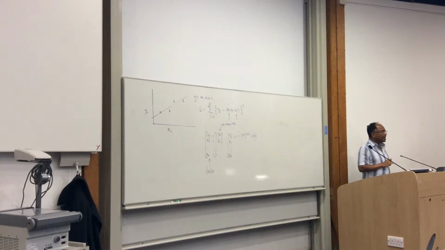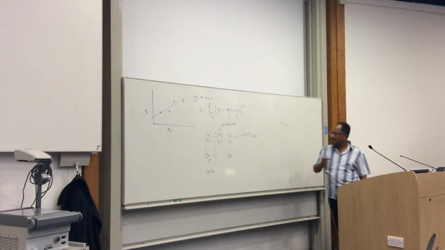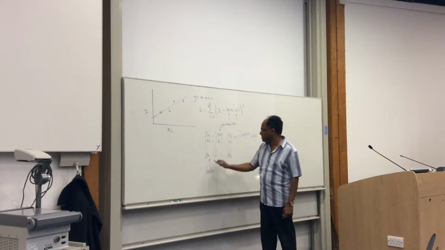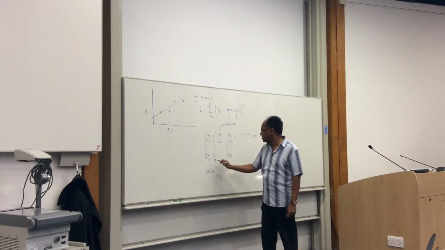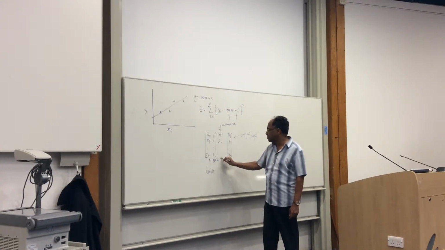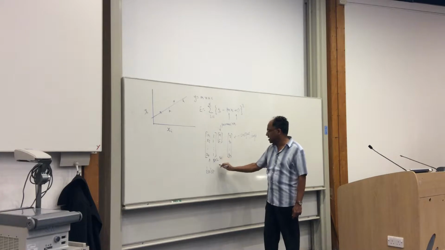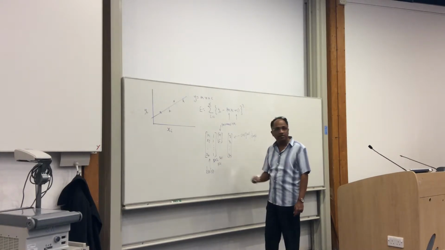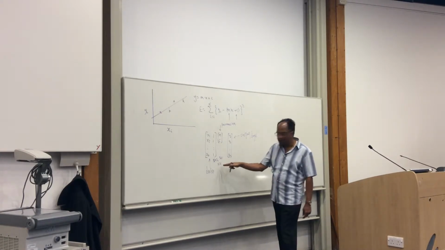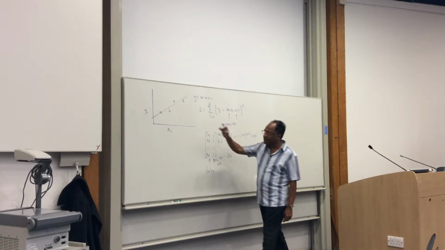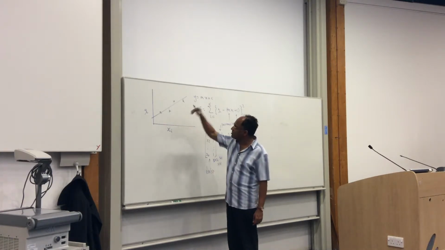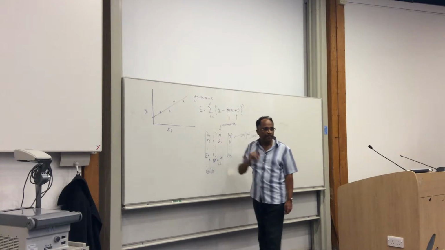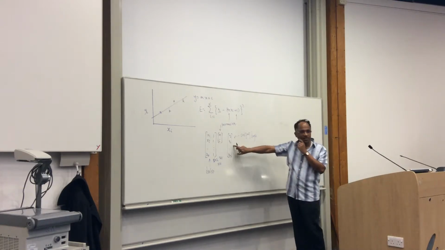You should be able to immediately see that this is an n by 2 matrix. That's a 2 by 1 vector. So when you multiply, you get n by 1. And that product is at every point what your model gives you. This one is what it should be.